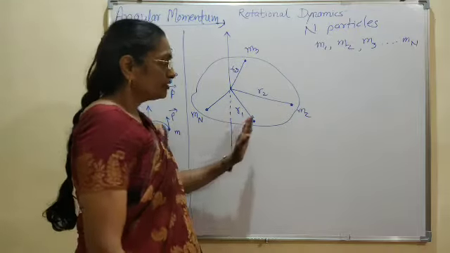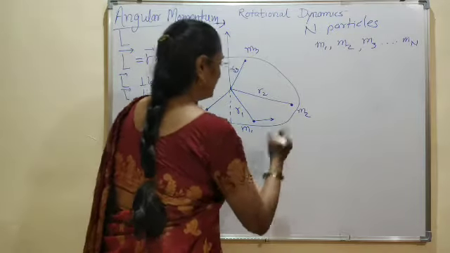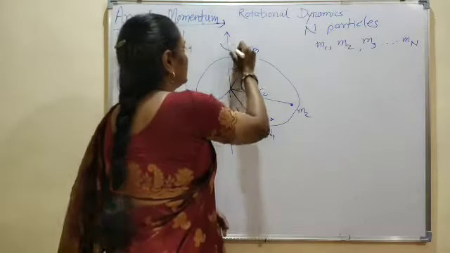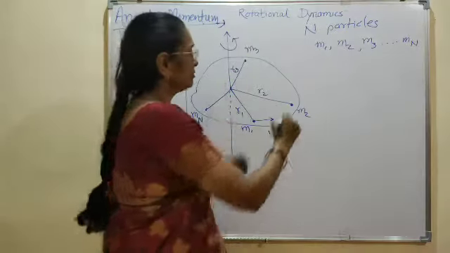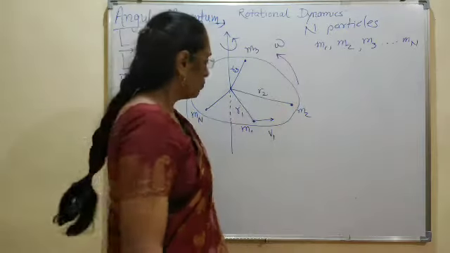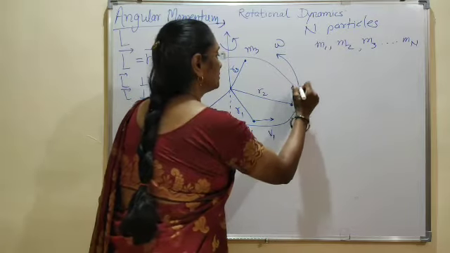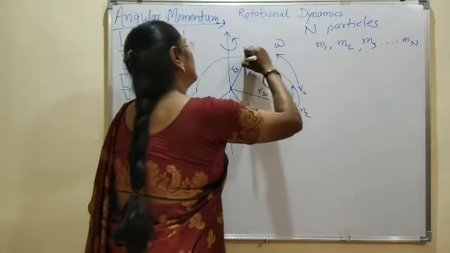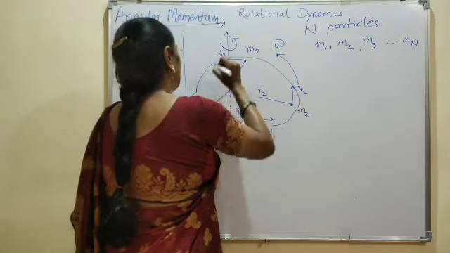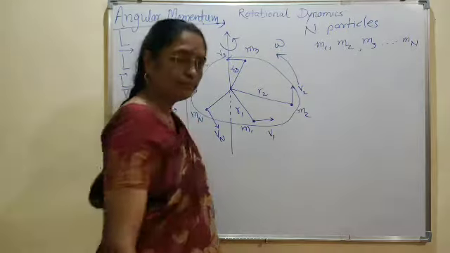Now their linear velocities can be shown here, but before that, as the body is rotating in this way, it is with constant angular velocity omega. Its linear speeds for all particles can be shown like this, v1, v2, v3 up to vn.